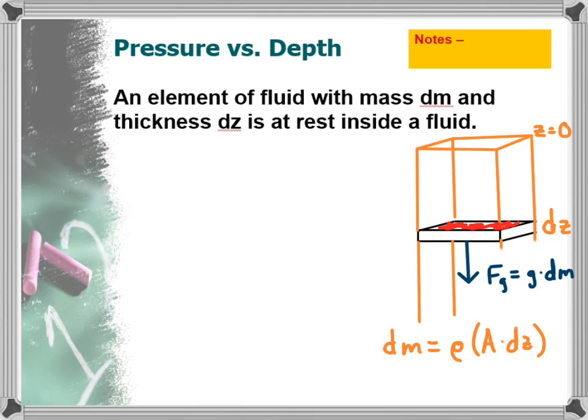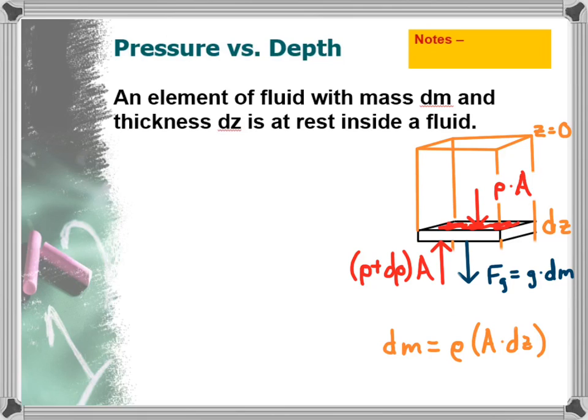Well, it turns out that the force that's keeping this mass of fluid suspended inside the fluid is the difference in pressure between the top and the bottom. So the fluid on top of this element is exerting a force that equals pressure P times that area A. And the fluid underneath the element is exerting slightly more pressure.